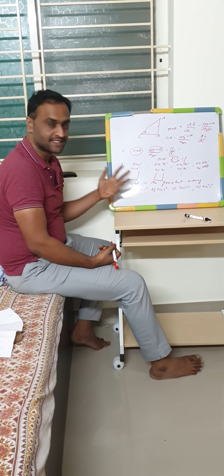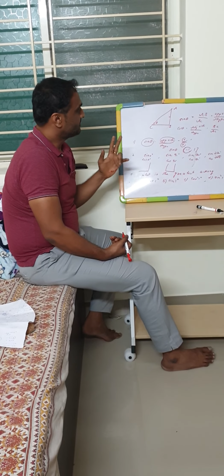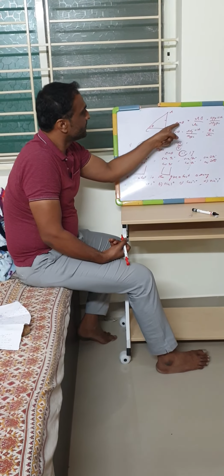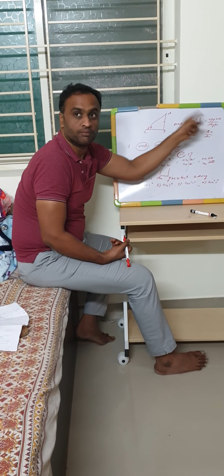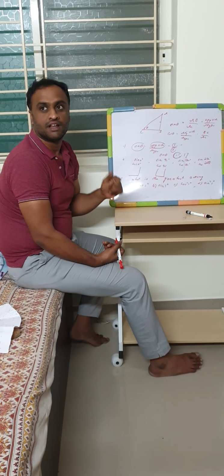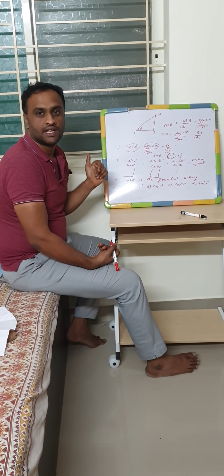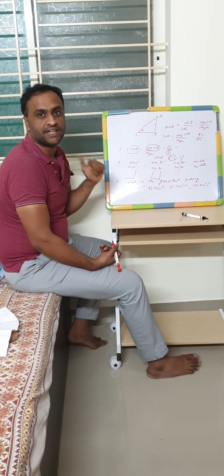And I have many questions which we can't answer if we understand sin theta and cos theta by the definition of opposite by hypotenuse. It may be numerically equal to this value, but what is the actual definition? In today's demo, I try to shed some light on it.